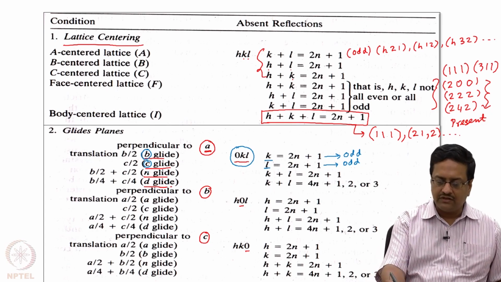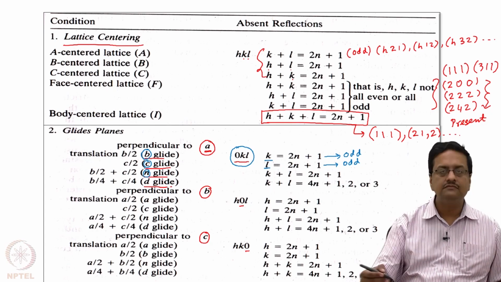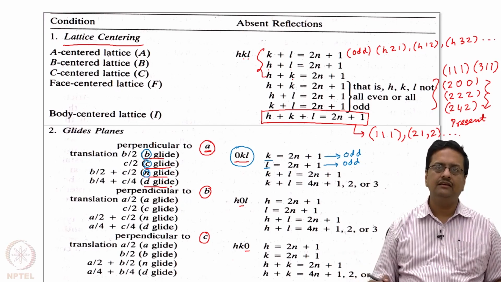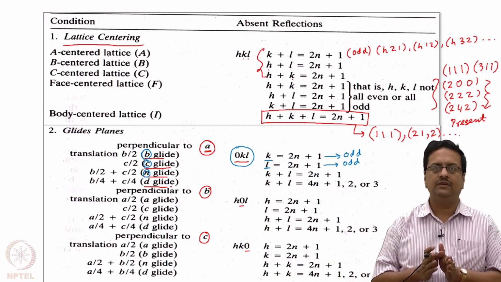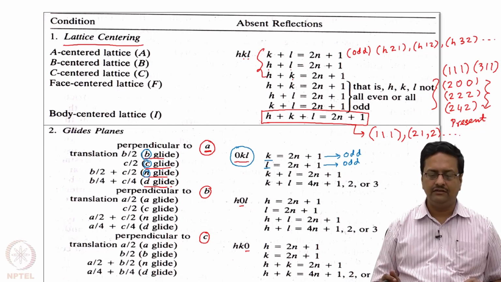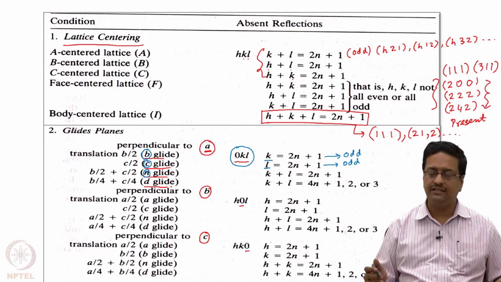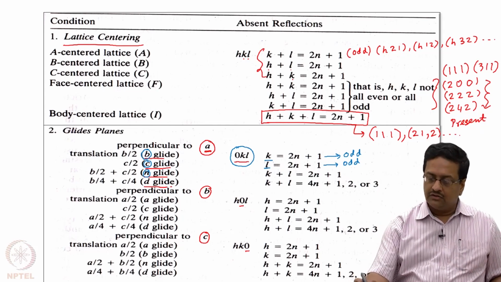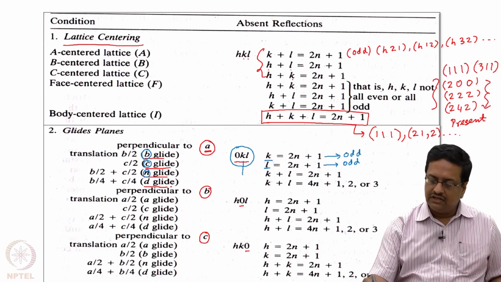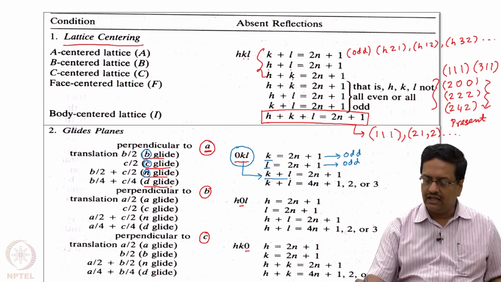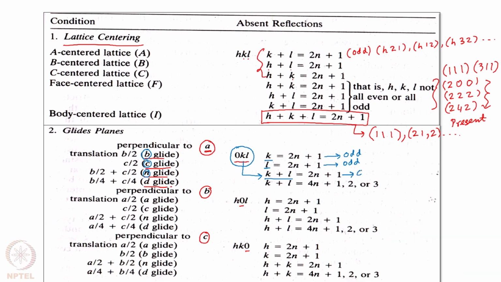In the same manner, when we say it is an N glide perpendicular to A, the translation happens simultaneously along B and C. So in that case, when the sum of the indices K plus L is odd, those reflections are going to be absent.